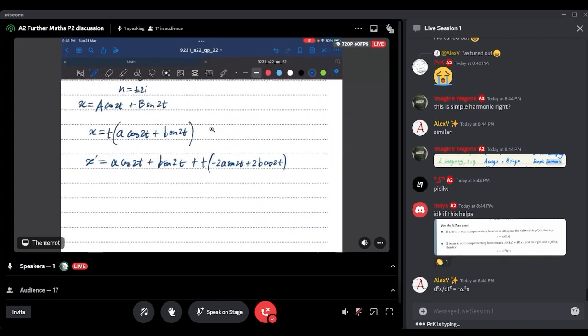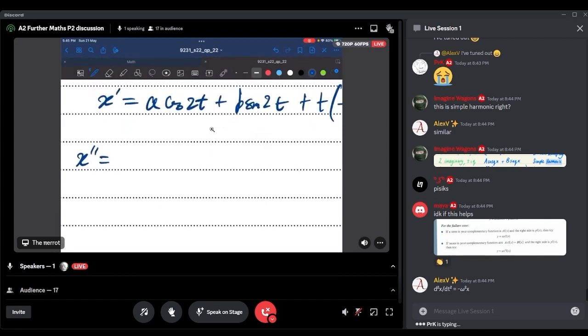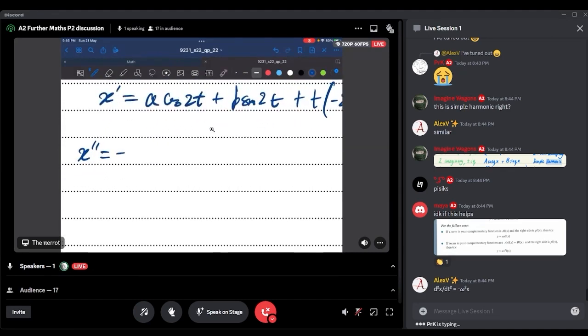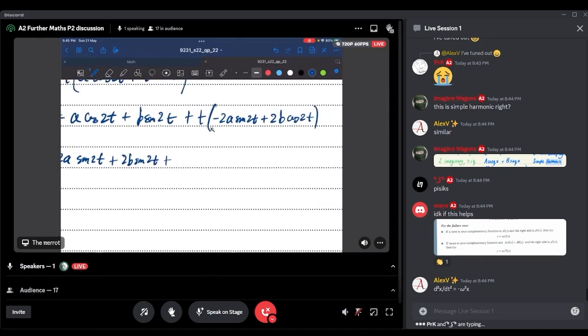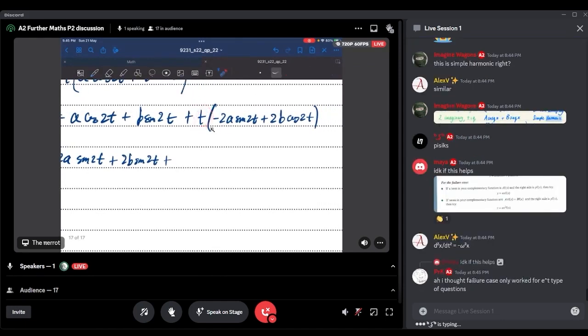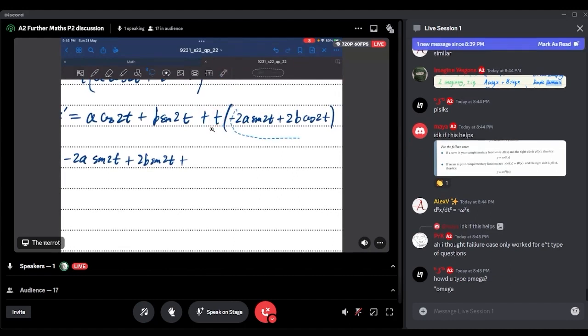Okay, so let's differentiate. We have minus 2a sine 2t right here, plus 2b cosine 2t, plus, now we differentiate this part here. Differentiating t just makes it 1, and we get the same answer as this.